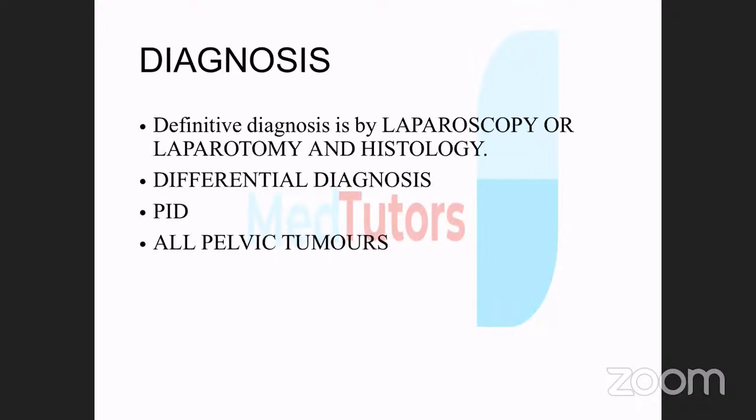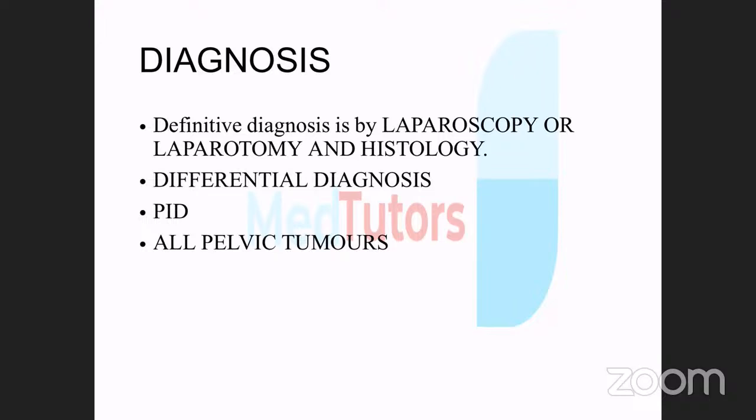Now, definitive diagnosis is achieved at laparoscopy or laparotomy. The reason is that at laparoscopy, you'll be able to identify the tissues clearly. Sometimes they're found at laparotomy, where suspected lesions will be biopsied and sent for histology. So what are the differential diagnoses?